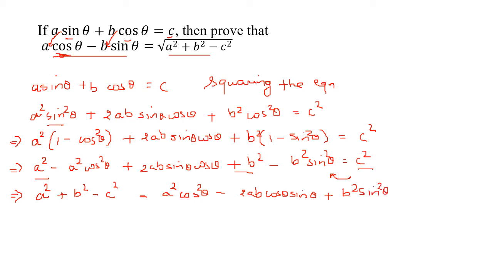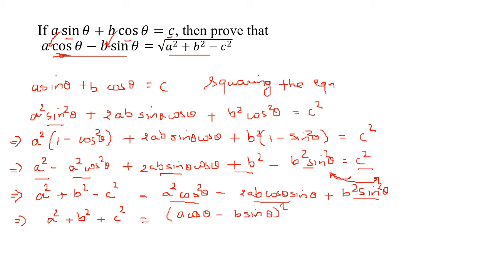If you follow what I have done, I moved this term and this term to the other side. So we have a square plus b square minus c square. Now what you can see here, this is a square, this is b square, this is 2ab sin theta cos theta. So what is a square minus 2ab plus b square? That is a minus b the whole square.